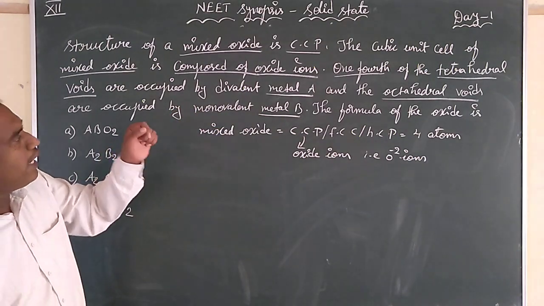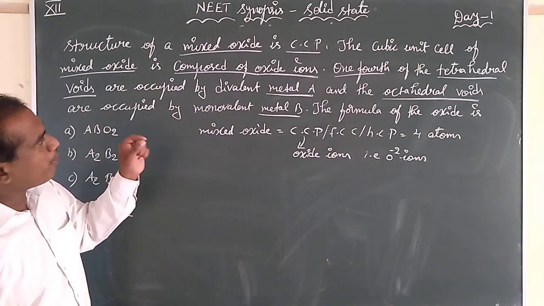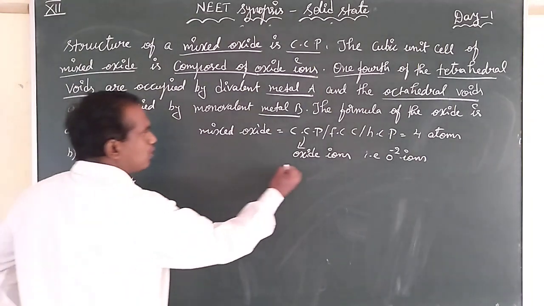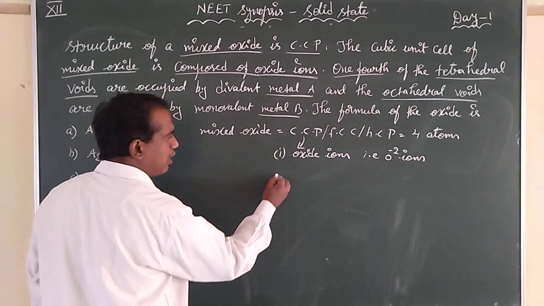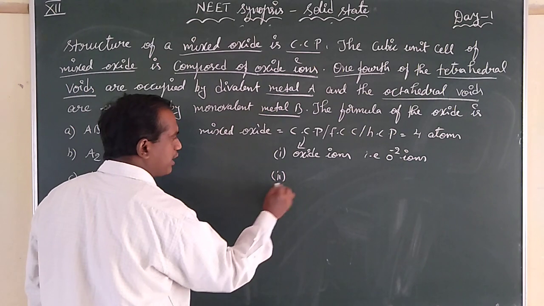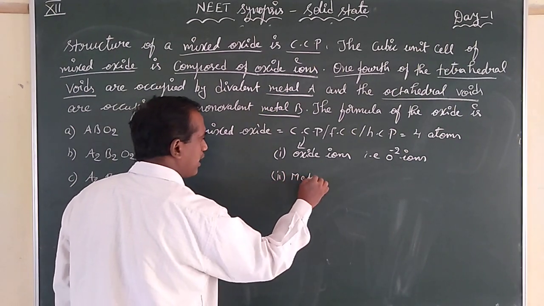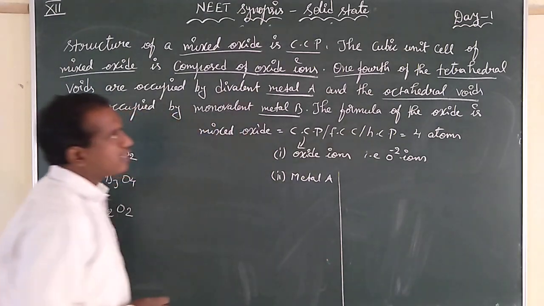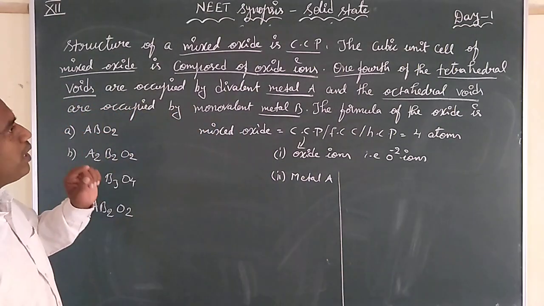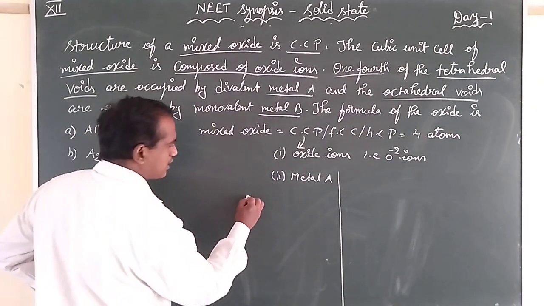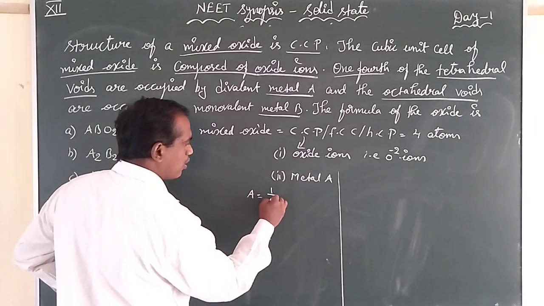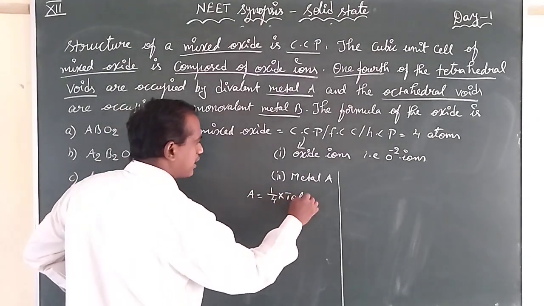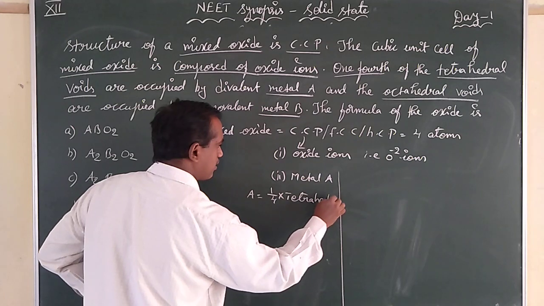1/4 of the tetrahedral voids are occupied by metal A. So this is regarding the oxide ion. How about metal A? Metal A is occupying 1/4 of the tetrahedral voids.